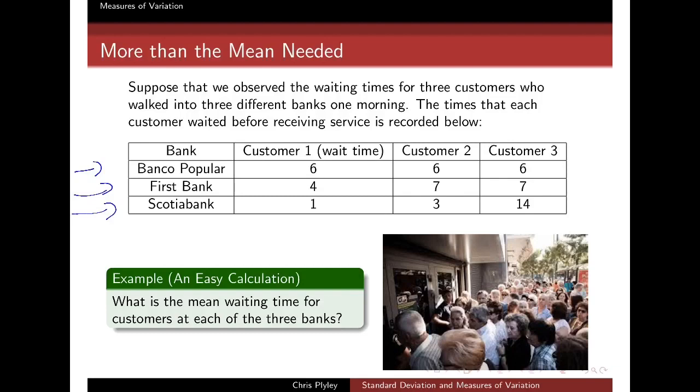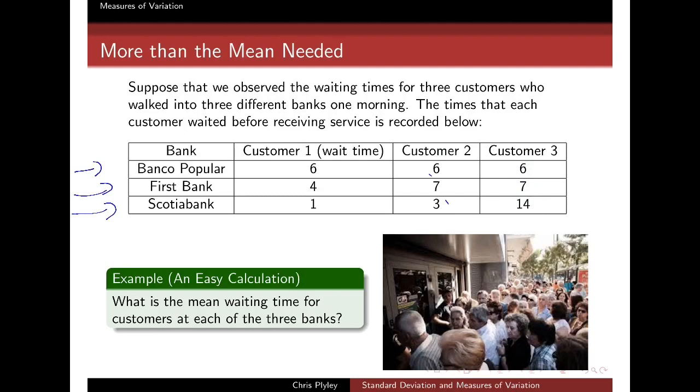At Banco Popular, my first customer had to wait 6 minutes, my second waited 6 minutes, as did my third. At First Bank, my first waited 4, and my second two customers waited 7 minutes. At Scotiabank, my first customer waited 1 minute, my second waited 3, and the final customer had to wait 14 minutes before they got service.